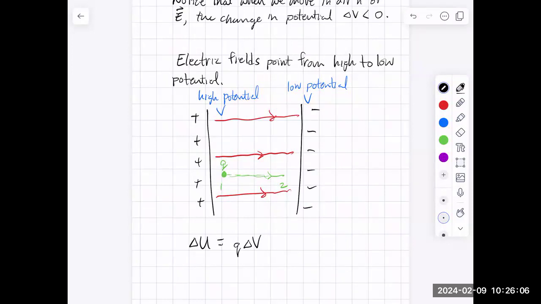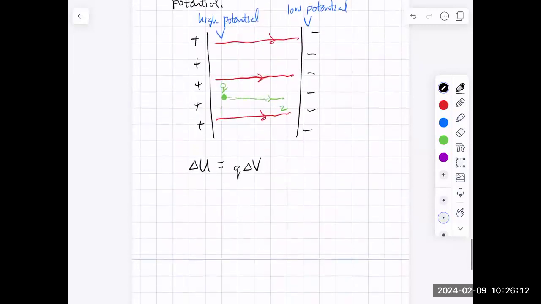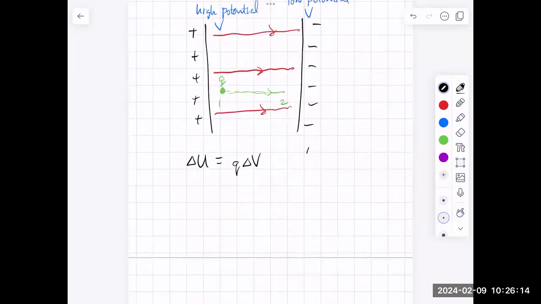It exerts a force that moves it to the right, and so it should gain kinetic energy as it moves to the right. So we expect Q to gain kinetic energy as it moves from 1 to 2.